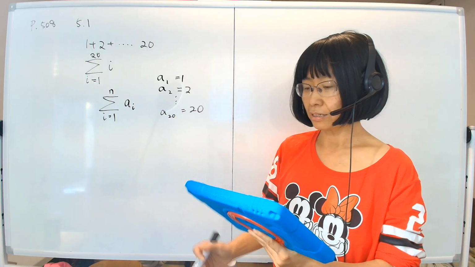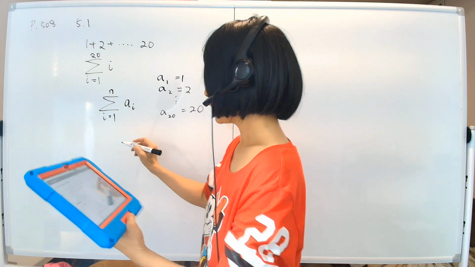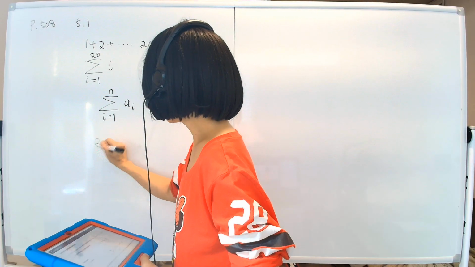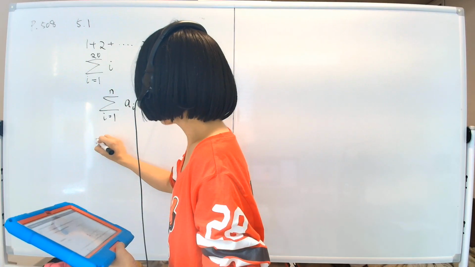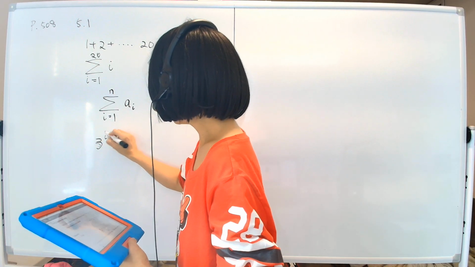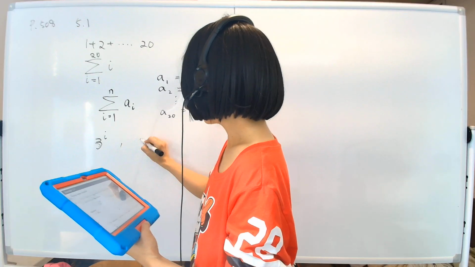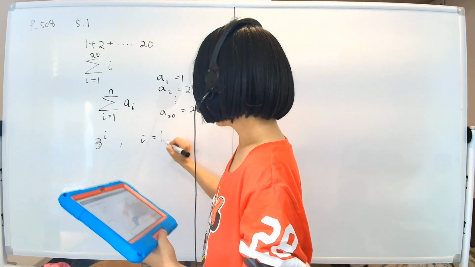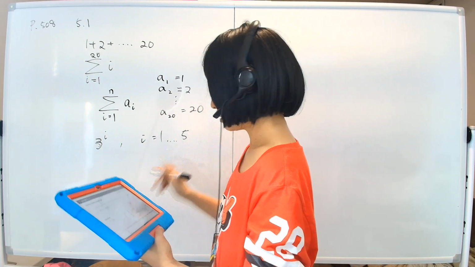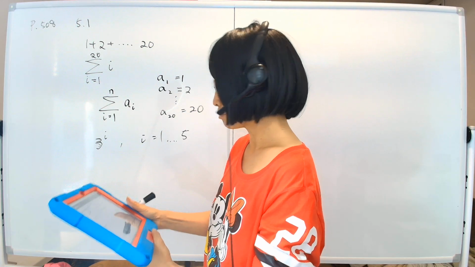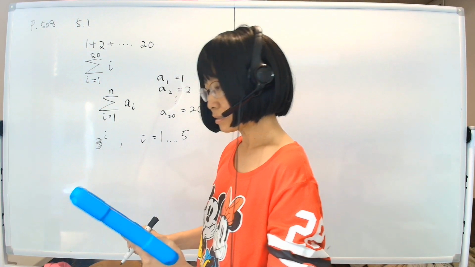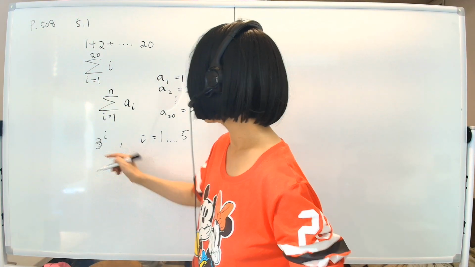This is 3 to the power i. They want you to write down 3 to the power i where i goes from 1 to 5, and we need to write down the whole sum. So how do you write this?